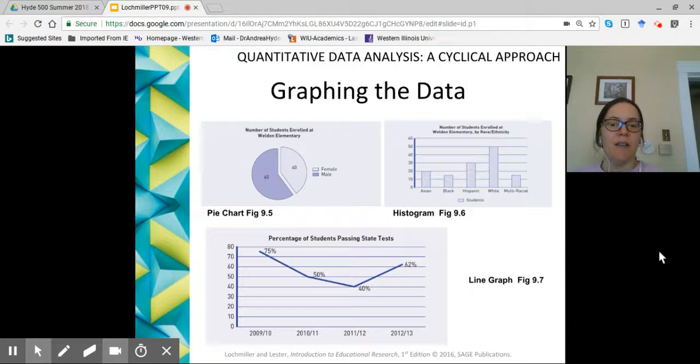If you take a look at graphing the data, take a look at the ways that you can do that. The pie chart, which is figure 9.5, is just what it looks like, right? A piece of pie. And so that's a good representation of the differences between males and females.